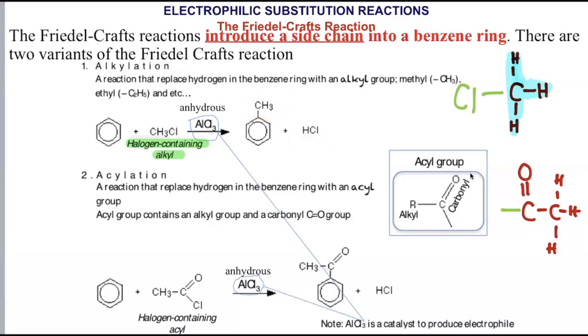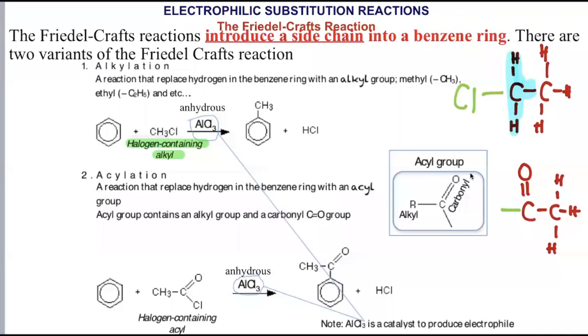So this reaction can be used to form methyl benzene or any alkyl benzene: ethyl benzene, propyl benzene, butyl benzene, and so on. How can you do that? Basically, you just change the structure here. If you want to produce ethyl benzene, you just use chloroethane.